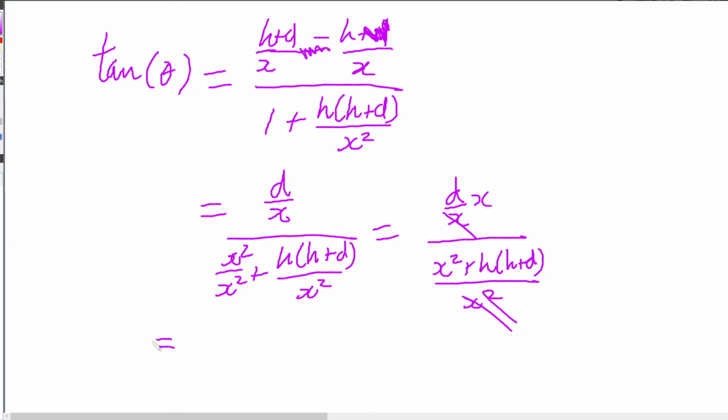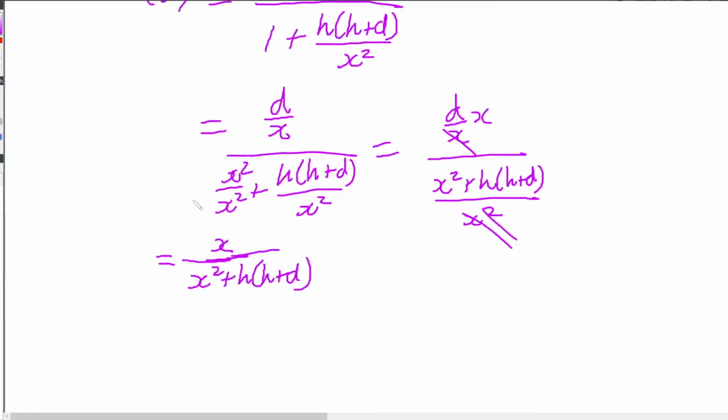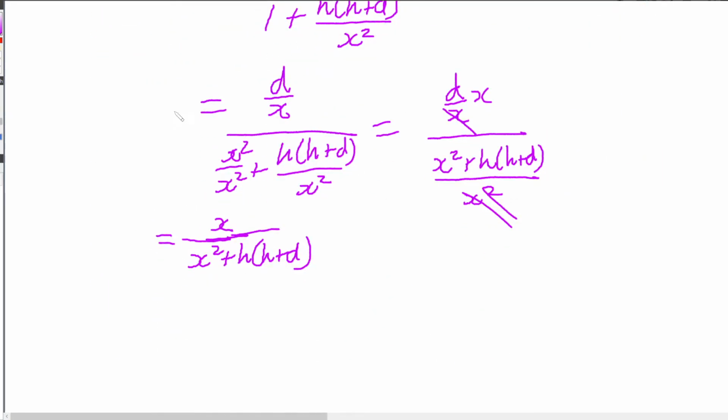So then you get tan theta is equal to x over x squared plus h plus d. That's a pretty simplified expression as far as I'm concerned, and I'm happy to leave it like this for now. So tan theta is x over x squared plus h plus d.